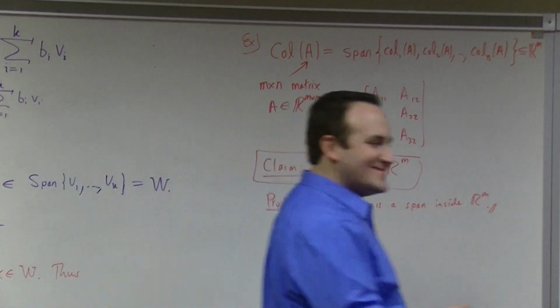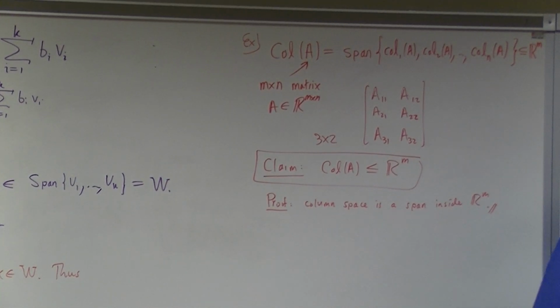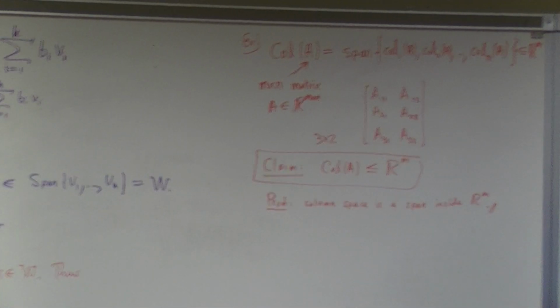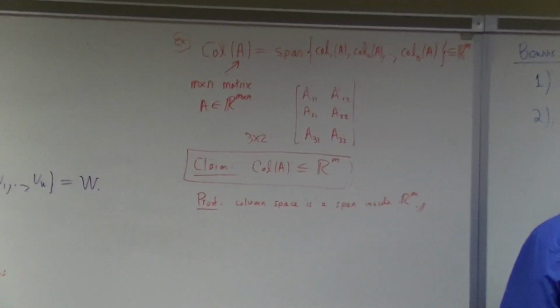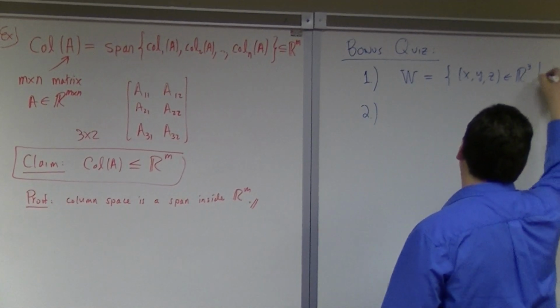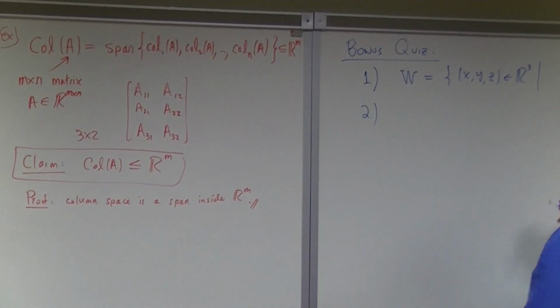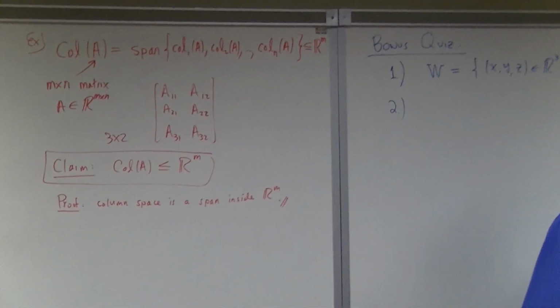So, time for your quiz. Get out a sheet of paper. I have 2 questions. One: W is equal to the set of (x, y, z) in R^3 such that x plus y plus z is equal to 1.